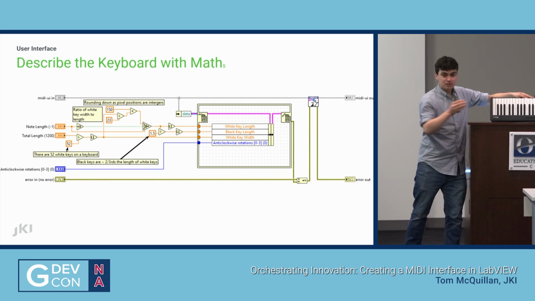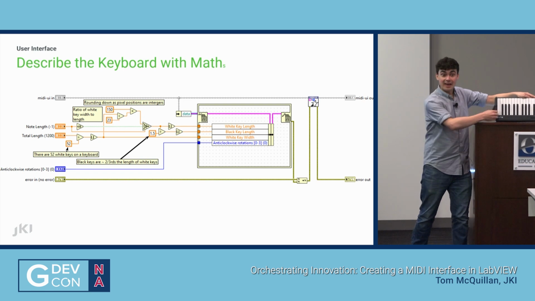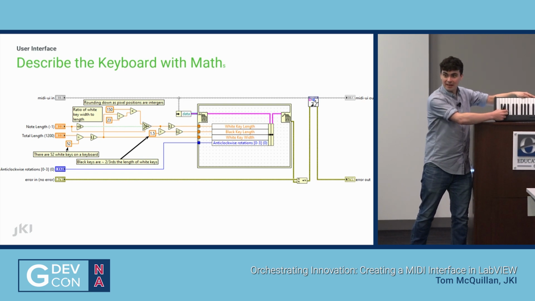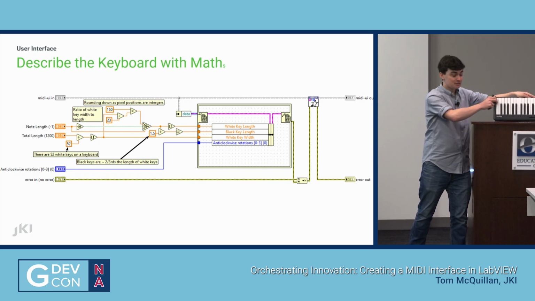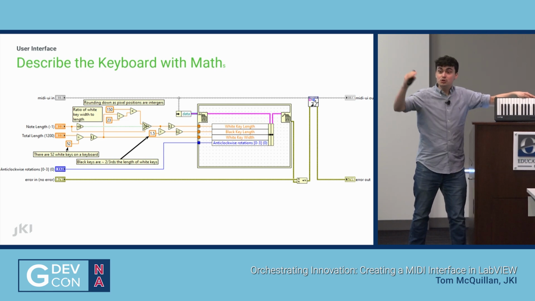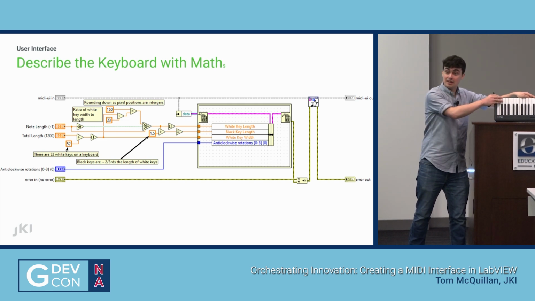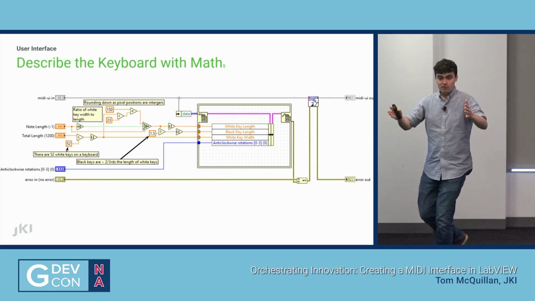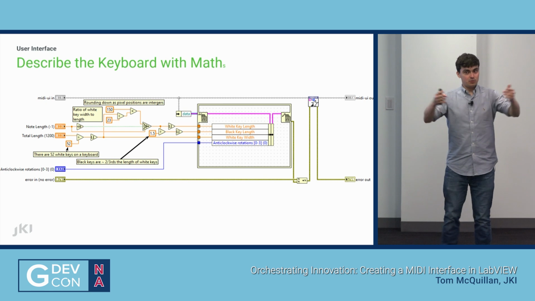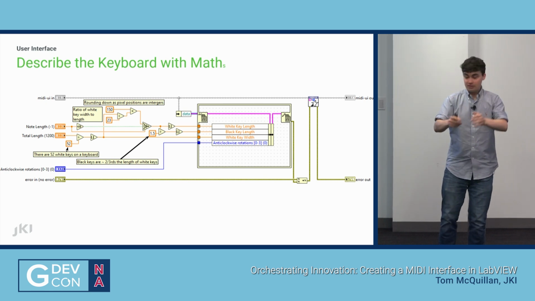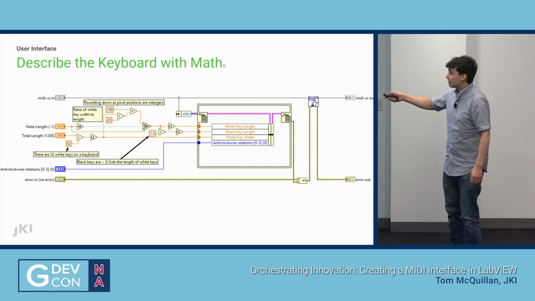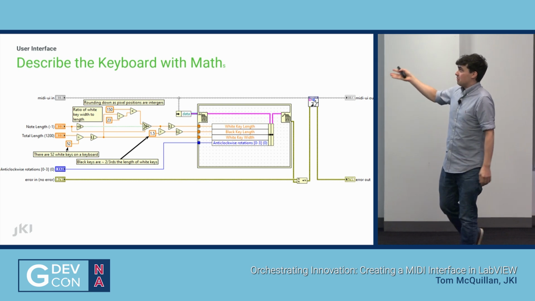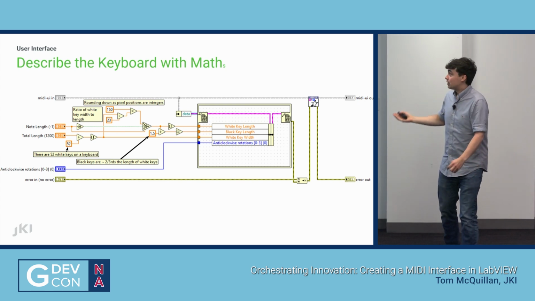So I can divide my 2D picture control by 88 for the white and black keys, or 55 for the white keys. I know that a black key is 2/3 of the length of a white key. I know there's a ratio between the width of a white key, which is the width of my 2D control over 55, and the height of the white key, which is apparently 150 over 22, 23.